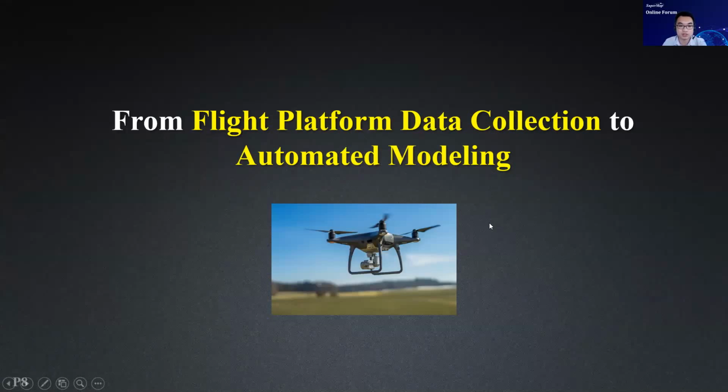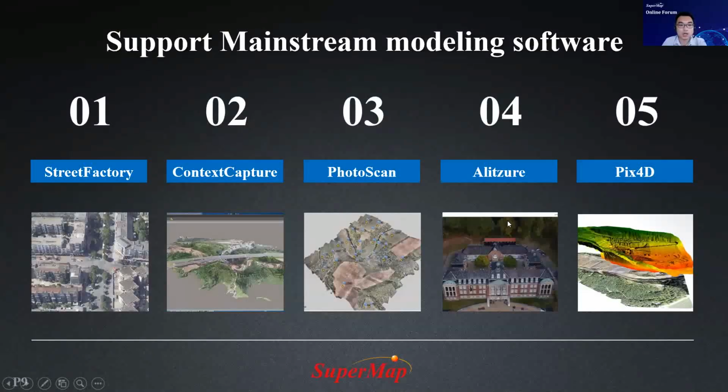You can also call it modeling. SuperMap now supports mainstream modeling software like Street Factory, CC (ContextCapture), PhotoScan, Altizure, or Pix4D. You can select one of the software to process your data, then generate the OSGB format, and you can use SuperMap to load the data.